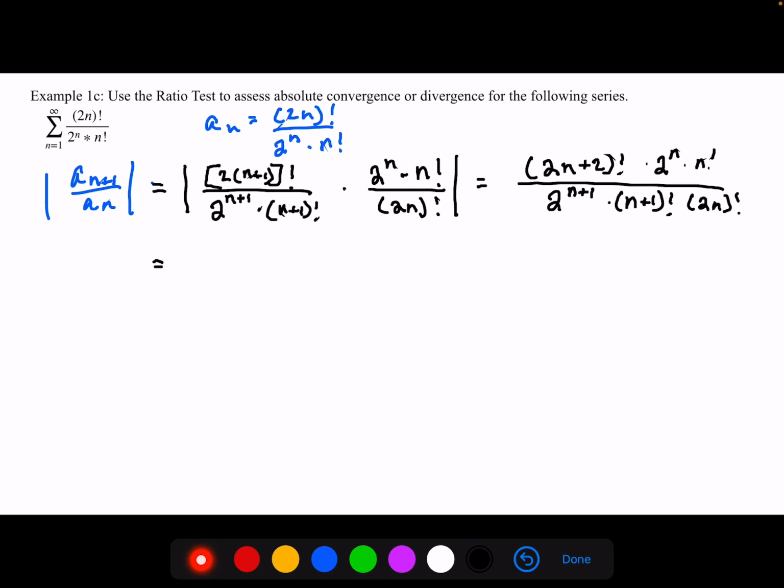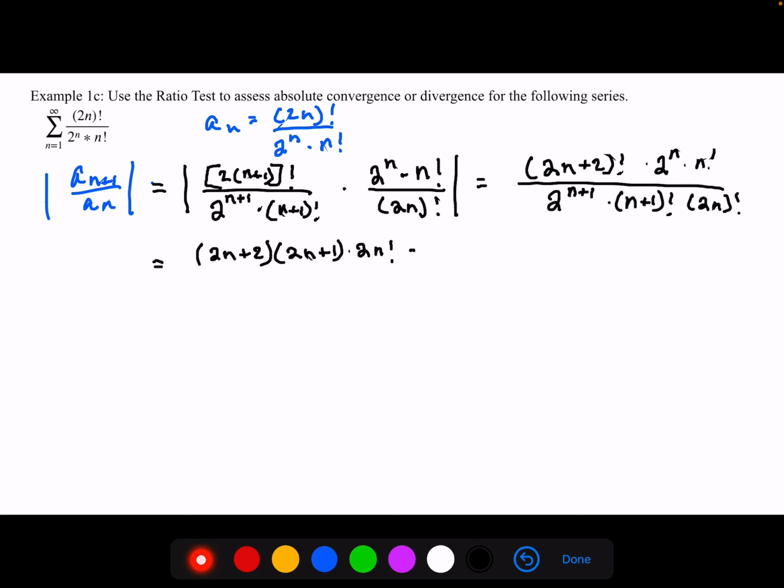Now this (2n+2)! will give us (2n+2) times (2n+1) times (2n)!.